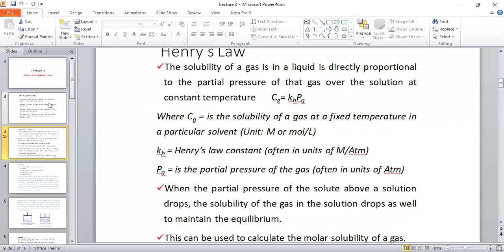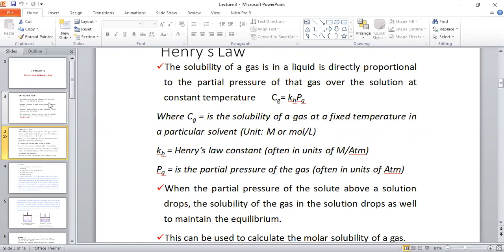So Kh is Henry's law constant, Pg is the pressure of the gas, while Cg is the solubility of the particular gas in question. The solubility has a unit of molarity, or moles per liter. Henry's law constant is often expressed as molarity per atmosphere.